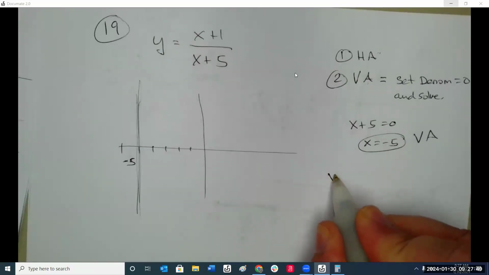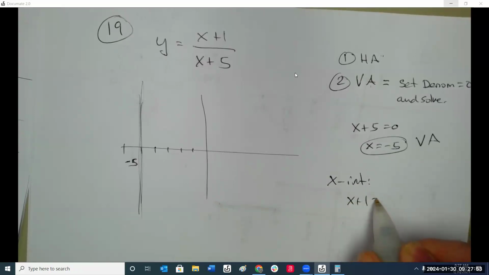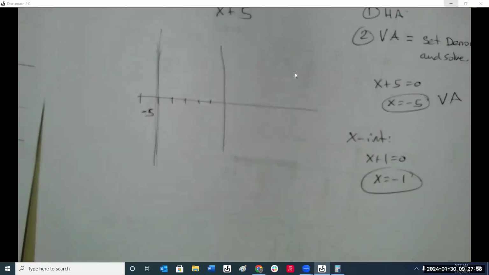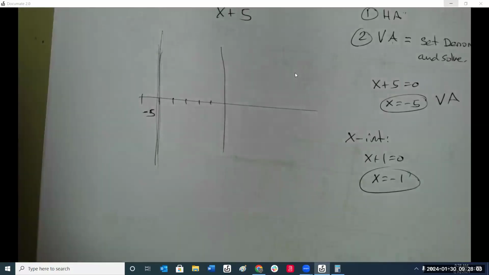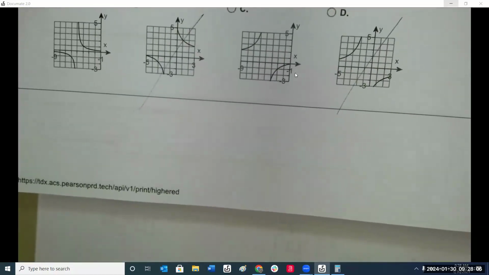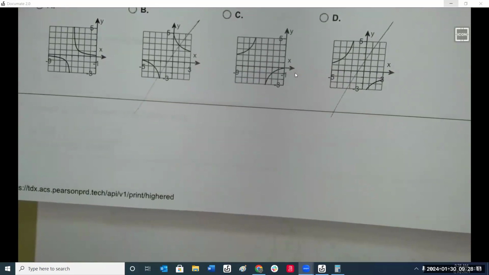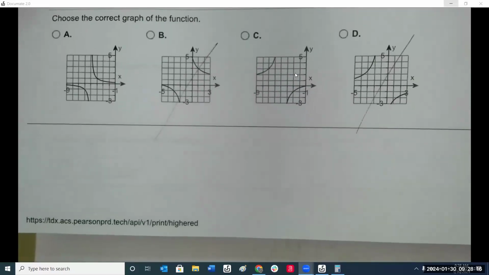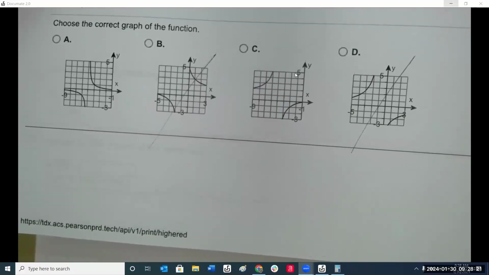So we know we have an x-intercept at -1. But what else do we know?